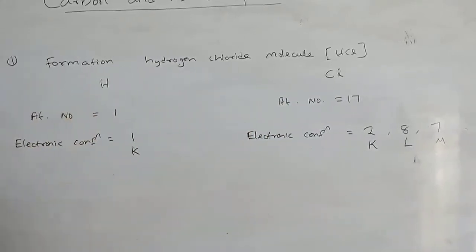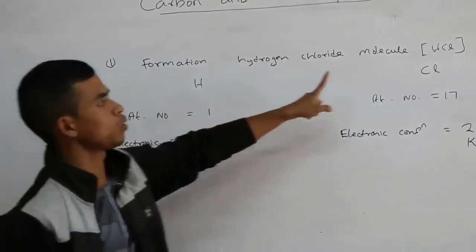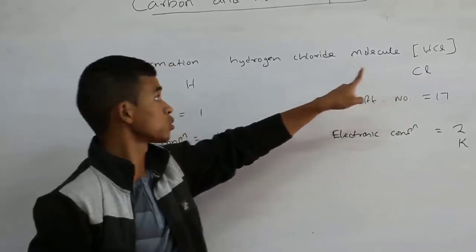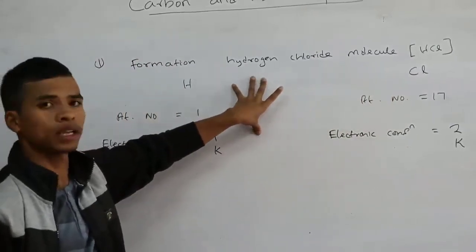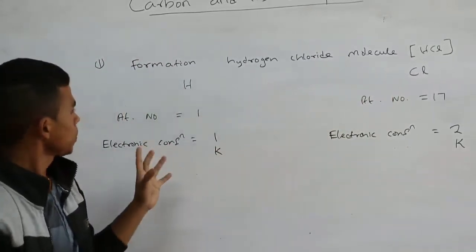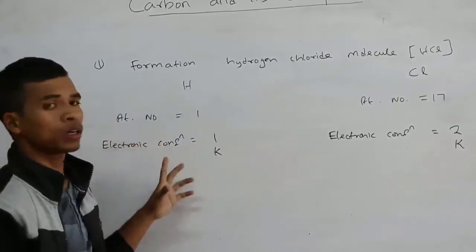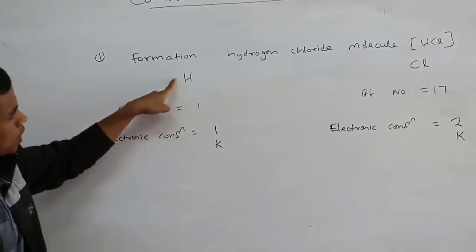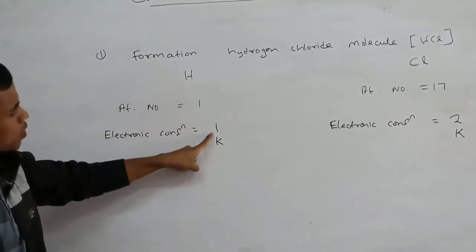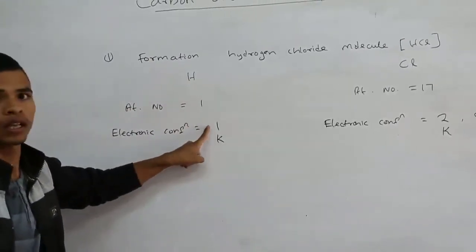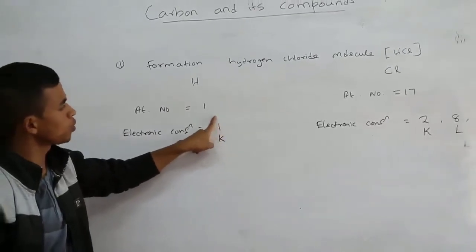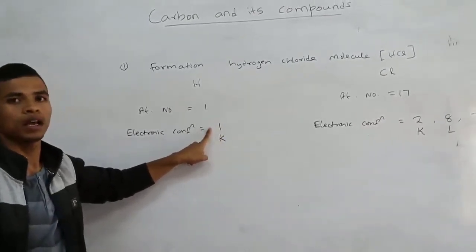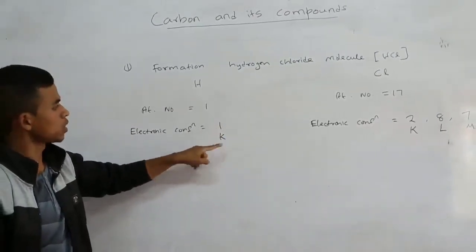In this case, because hydrogen and chlorine are non-metals, they do not accept or gain electrons, so they undergo sharing of electrons. And because hydrogen has 1 electron in the outermost shell, it needs 1 more electron to complete that duplet structure.